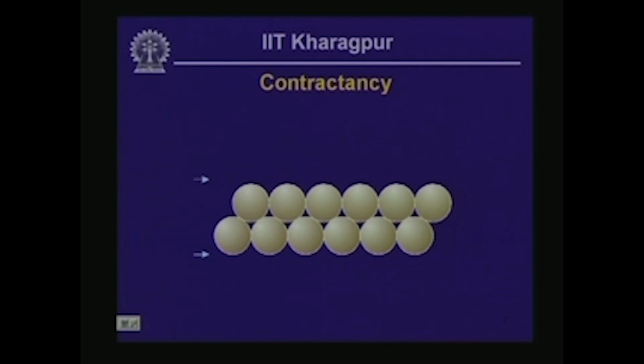So, the spheres are going to try to climb down and occupy the void space, and in the process they are going to sink downward. They are going to sink into the space which was originally void space. So, what is happening here is that we are going to end up with an assembly of spheres which are going to be in a state of denser packing compared to the packing that we originally began with.